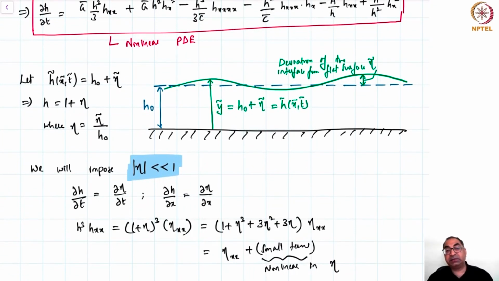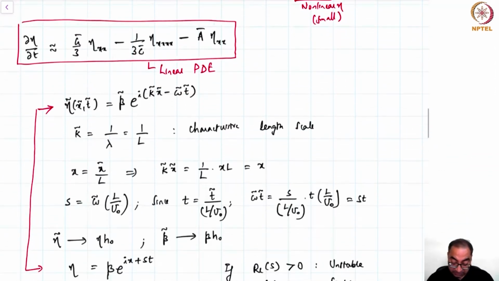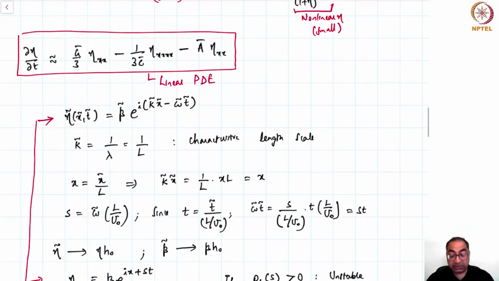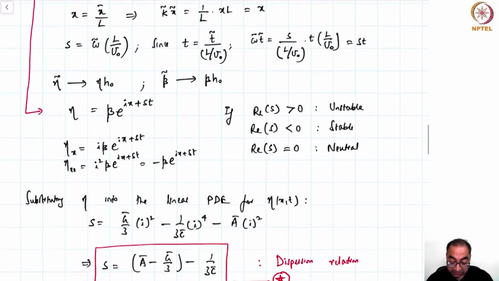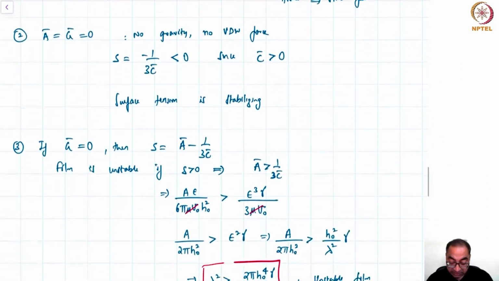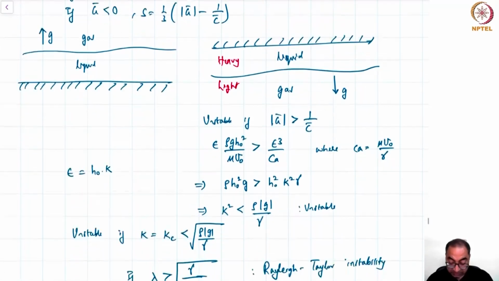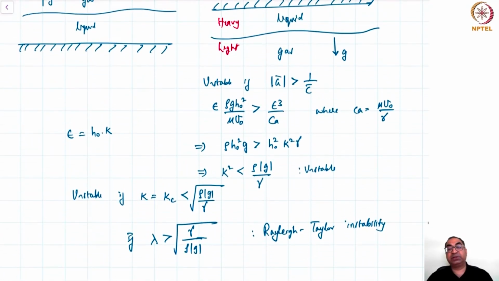We linearized it by saying that the perturbations are small relative to the mean value, and got a linear partial differential equation. We carried out a stability analysis of this equation and looked at various special cases. We also briefly touched upon the so-called Rayleigh-Taylor instability, where you have a heavy fluid sitting over a lighter fluid. We will look at the general case with gravity, surface tension, viscous forces, and van der Waals forces present in the next lecture. Thank you.